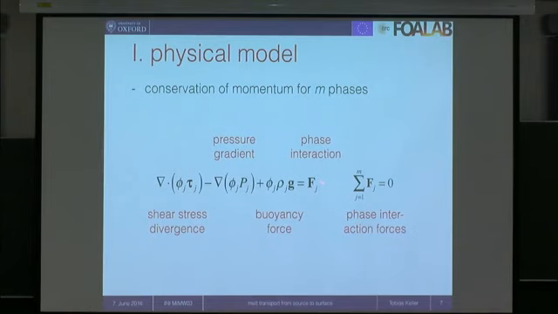If this phase interaction term is written according to Darcy's law, then these equations for two phases can recover the McKenzie equations that we've seen most often during these workshops. And again, all of these phase interactions, in the absence of surface tension, I should mention, sum up to 0 so that there's no net force between all of the phases.